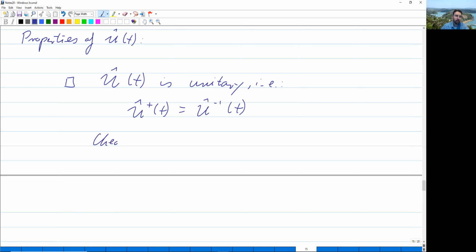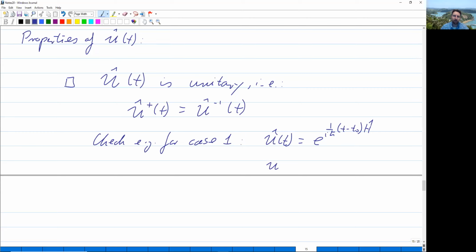Check, e.g., for case 1, that is to say, when the Hamiltonian is constant in time, then we have that u hat of t is equal to e to the power of 1 over i h bar (t minus t naught) h hat.